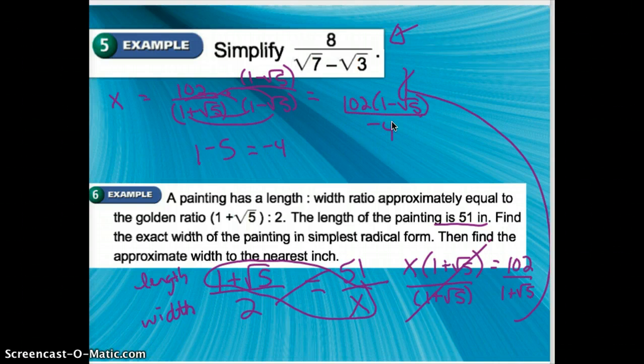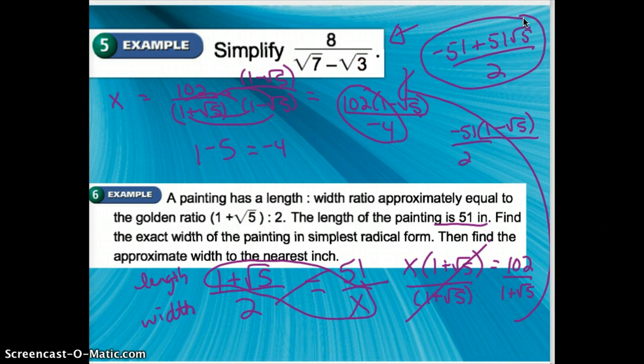Okay, now here, I can simplify this. I can't make it a whole number, but I can make that as negative 51 over 2 times 1 minus root 5. Okay, so then I'm going to have negative 51 plus 51 root 5 all over 2. That would be my answer in simplest radical form.